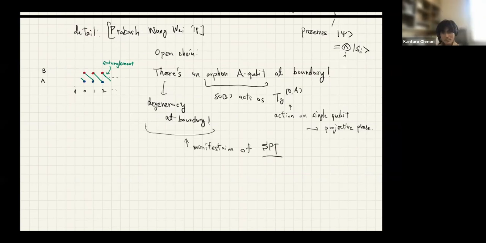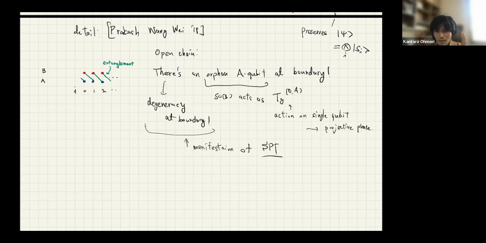Okay. So the property of SPT, if you assume this hypothesis, is that when you cut the system, then on the boundary you have some non-trivial degrees of freedom, and that's what we have seen. And you can easily generalize this construction to the general projective representation.